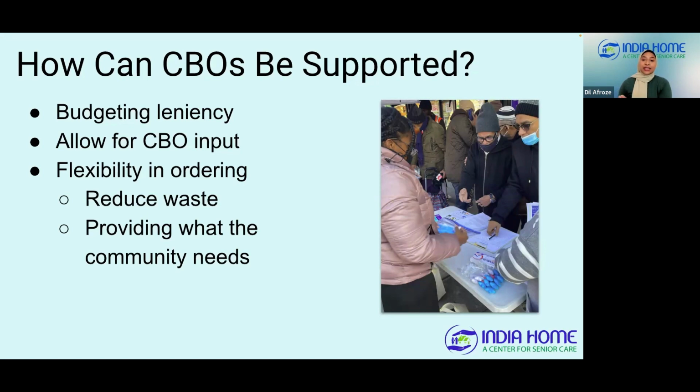Take hand warmers: you can't give them out in the summer. Let's say we overestimated how much we needed for the winter, and now we're left with so much more. And if the grant ends, what are you doing with the rest of this? In the end, it's about providing what the community needs, hearing from them and being able to give them what they want.